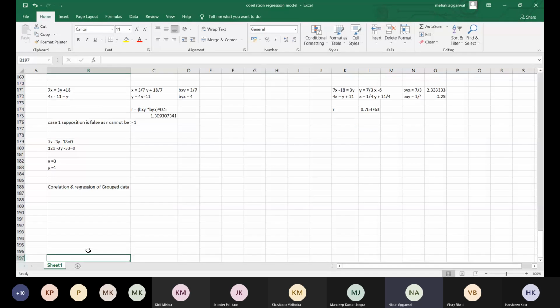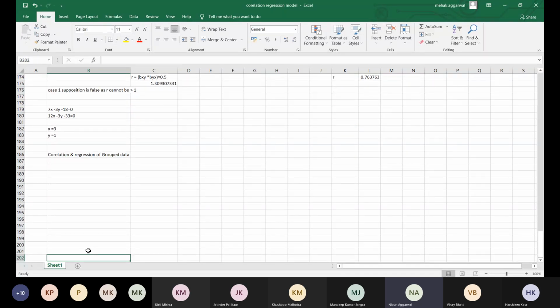How to find the coefficient of correlation and regression of grouped data? First we'll start with the correlation, and the same thing we can do in parallel for the regression. Fine. So let's take one example.